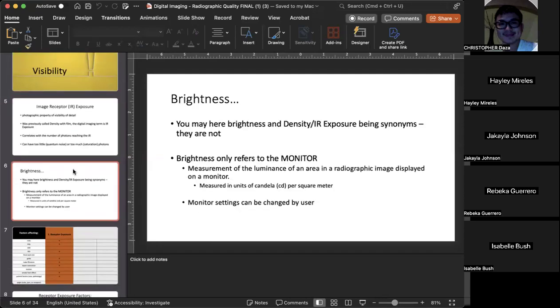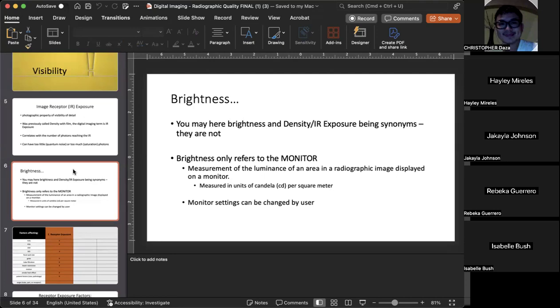Now, brightness and image receptor exposure are not synonymous. Brightness only refers to the monitor and the functions we can use on the monitor. It is not affecting how much image receptor exposure is on our detectors. And that makes sense, right? When you window width and window level, you're changing the contrast and the brightness of that image.